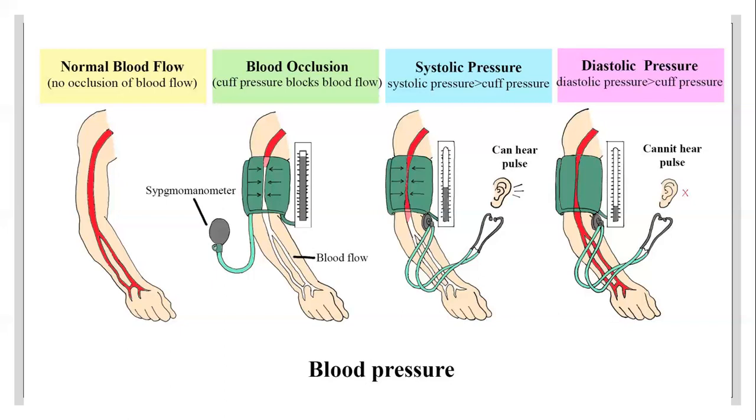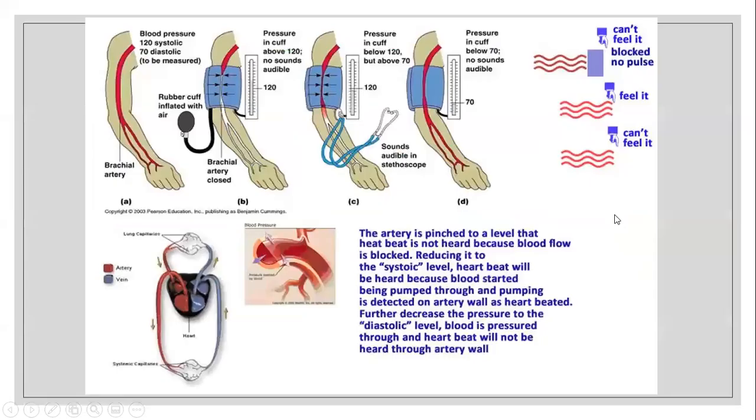And when you release the pressure by the valve on the blood pressure machine, the cuff will deflate, pressure will be released, and blood flow will be normal like before. When we cannot hear the pulse, the last sound is called diastolic.